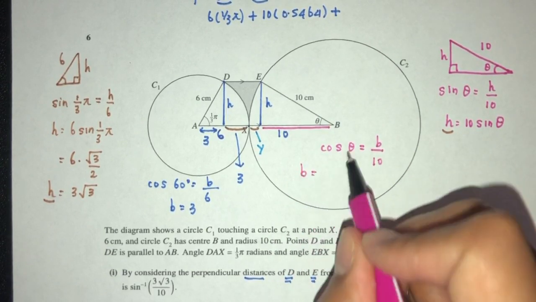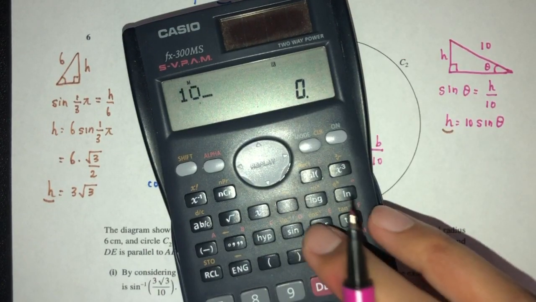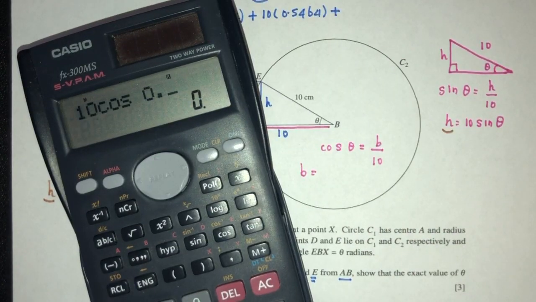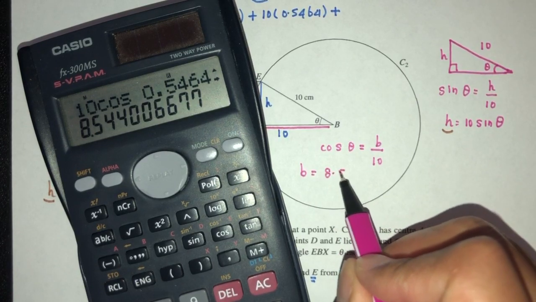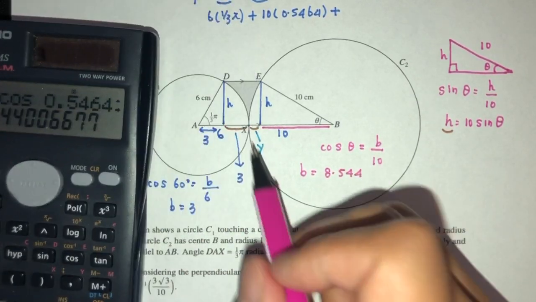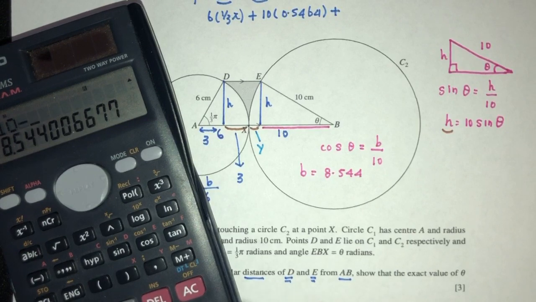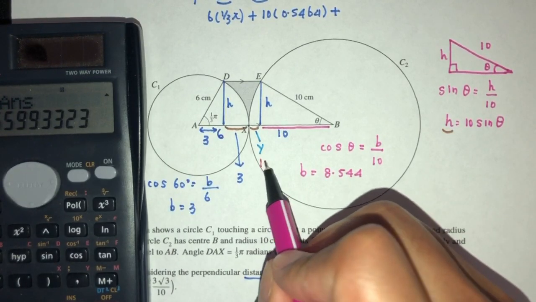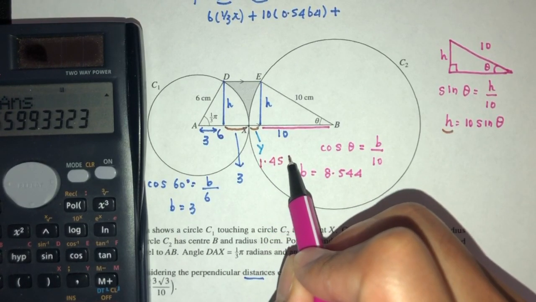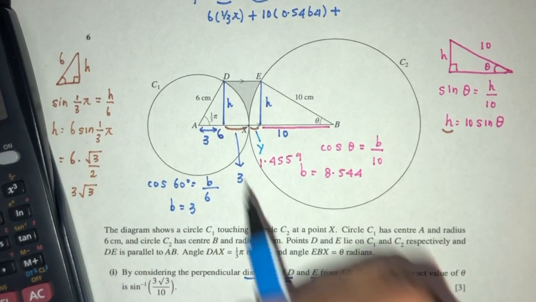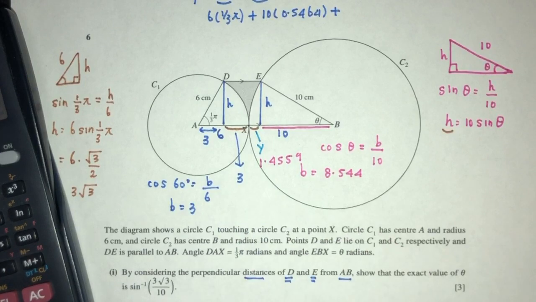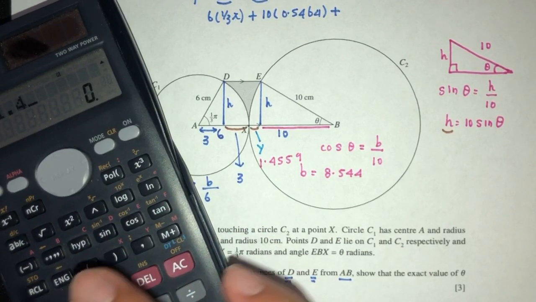So this will be 10 times cos of theta, where theta is 0.5464. That should be 8.544. Which means y will be 10 minus the answer, that should be 1.4559. So finally, to find this length, it will be this plus this, so 3 plus 1.4559.